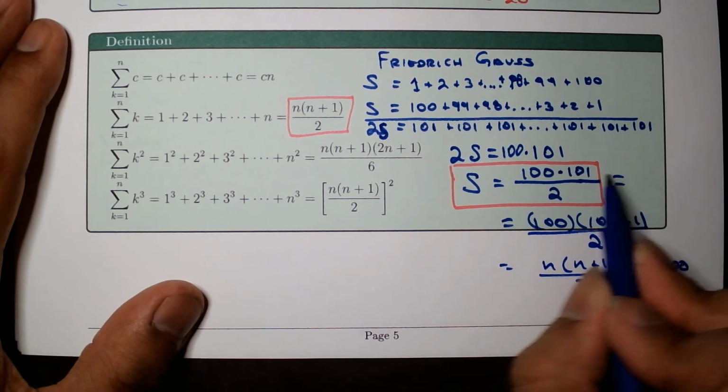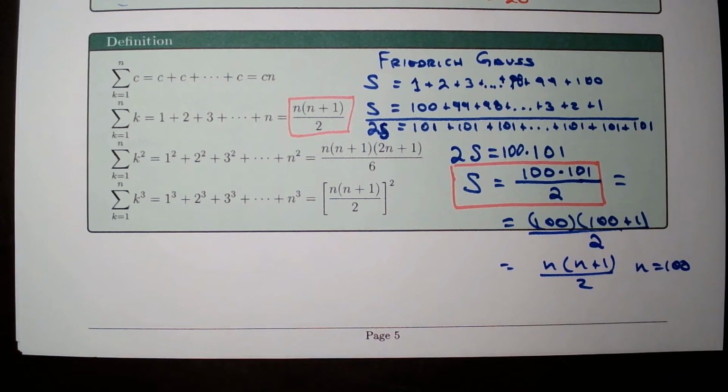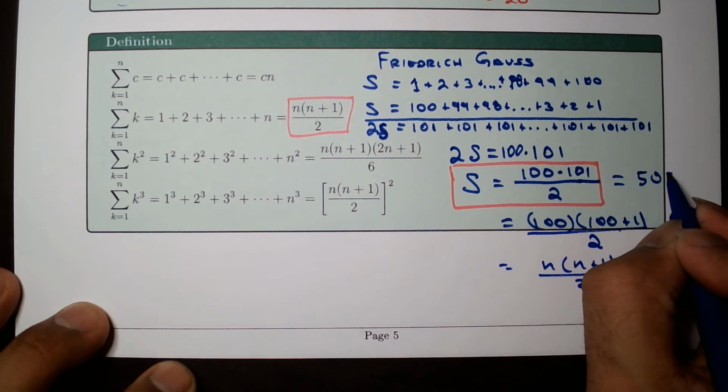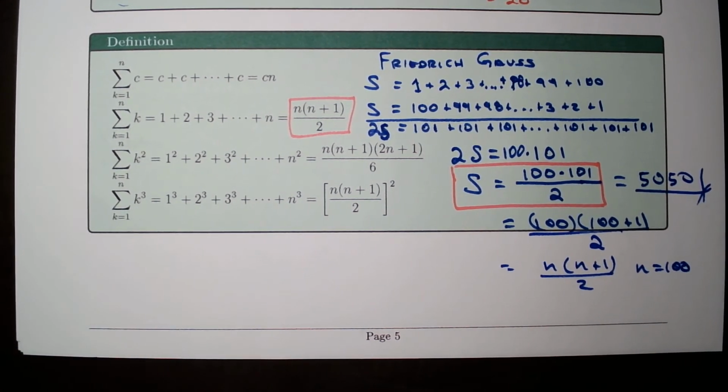Let's simplify this: that's 50 times 101, which is 5050. And of course, his father was so surprised that he got that sum really quick.